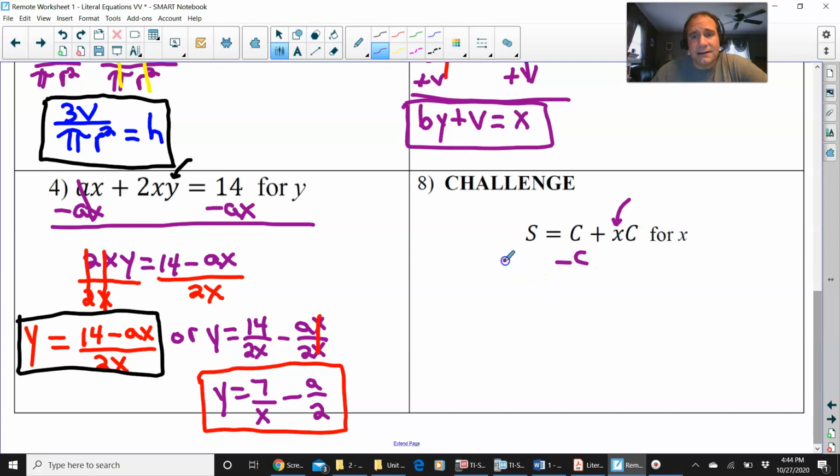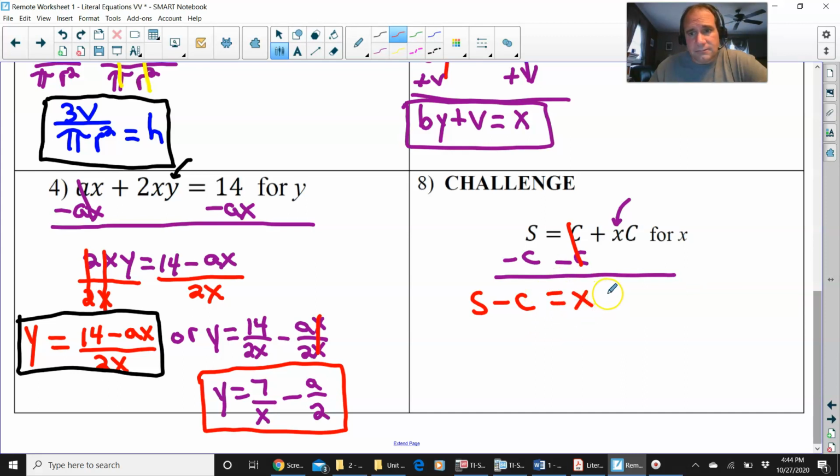I want to get it to the other side. So we'll see if that helps at all. This cancels. S minus c equals xc.